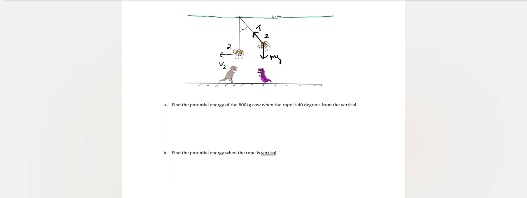If the answer is no, you move on to the next force. If the answer is yes, then you ask yourself, did I already take that into account in my work energy equation? Then go on and ask yourself, does the tension do work? And keep in mind that the tension is always at a right angle to the velocity of the cow. So that hopefully will answer that question.